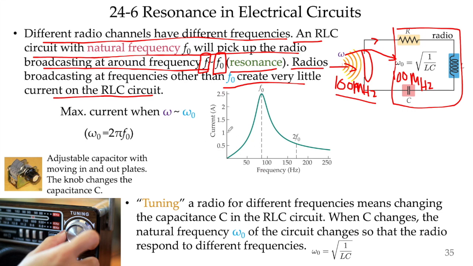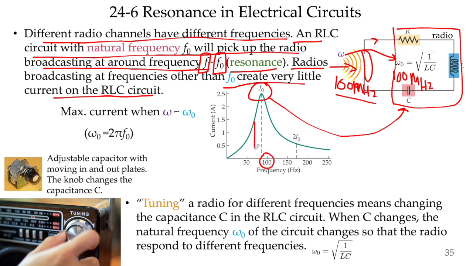If you look at this plot here, the y-axis is the current, the x-axis is the frequency. Let's say the omega 0 or the F0 of your RLC circuit is something like 100 hertz here.